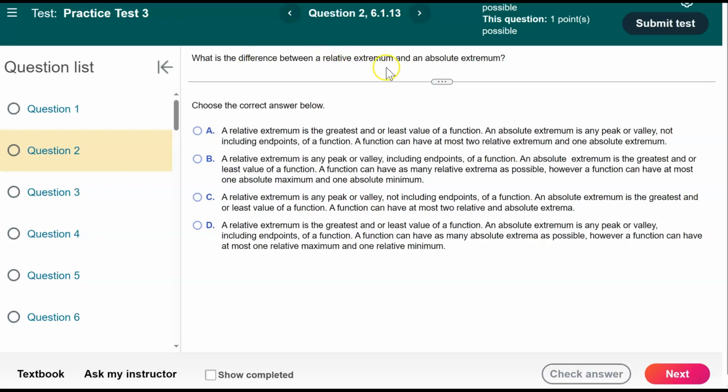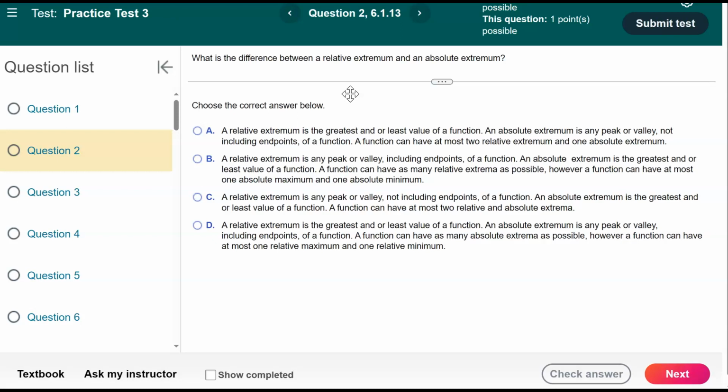When you say relative extremum, it will be the extremum, either a maximum or a minimum within an interval. So in other words, if you have a function, you would look at some open interval and then you see with respect to the points in that interval if that point is the maximum or the minimum.